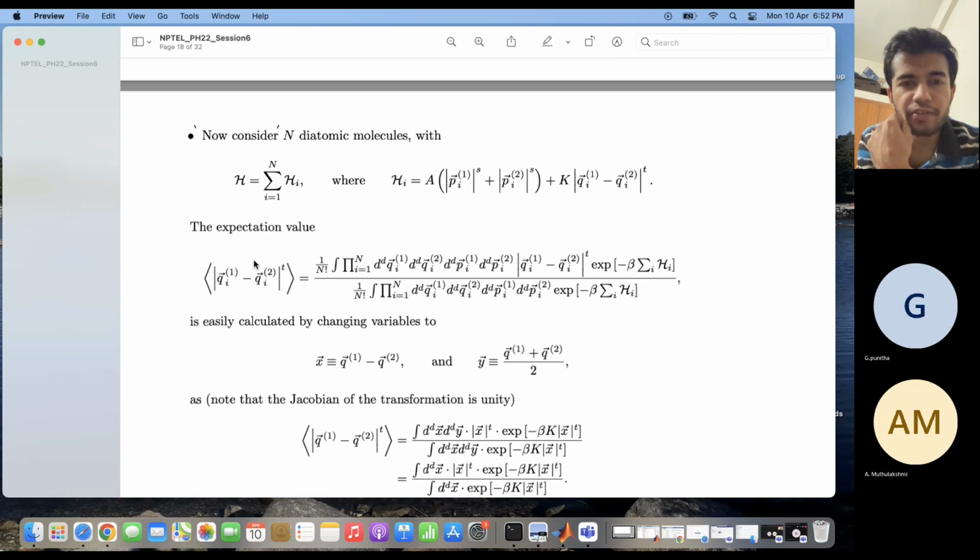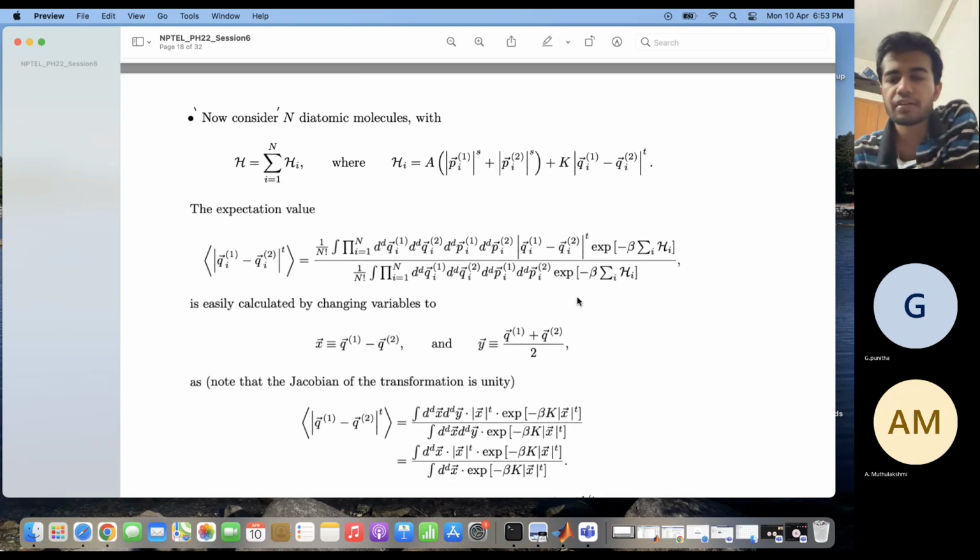So the expectation value of this quantity is basically 1 by n factorial integral over all the position and momentum coordinates of this quantity, that is (q_i1 minus q_i2) to the power t into e to the power of minus beta H, divided by 1 by n factorial integral over momentum and position coordinates of e to the power minus beta H. Now, how do I evaluate this complex looking integral?